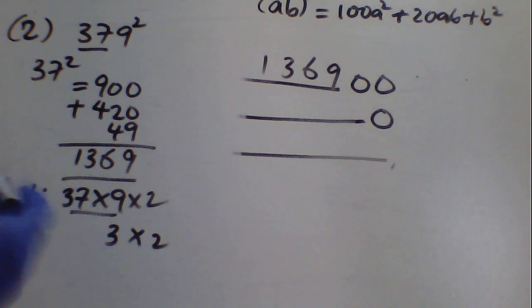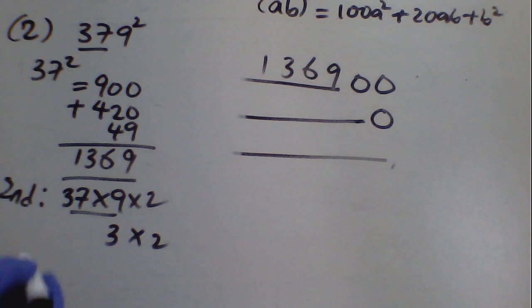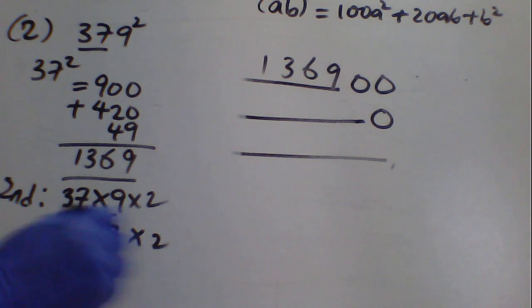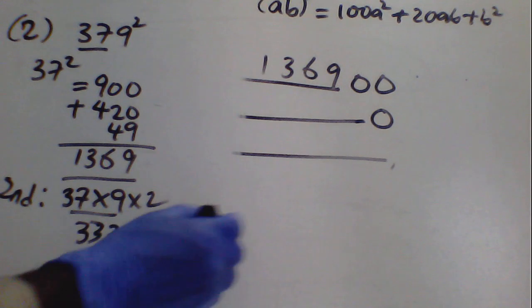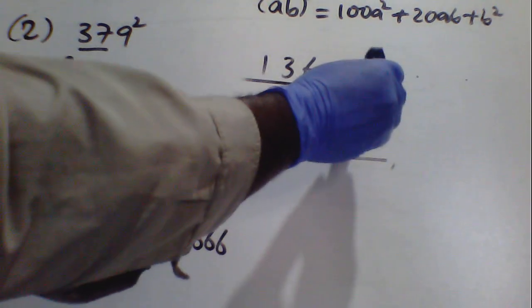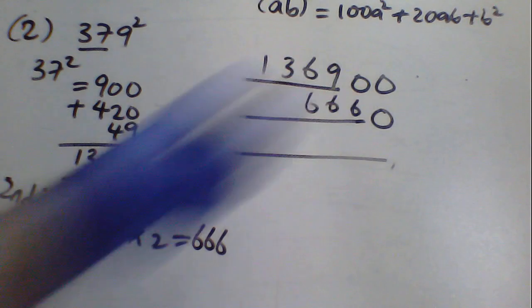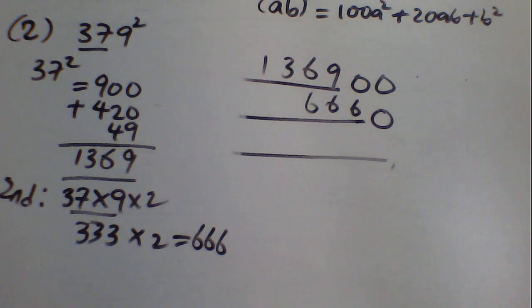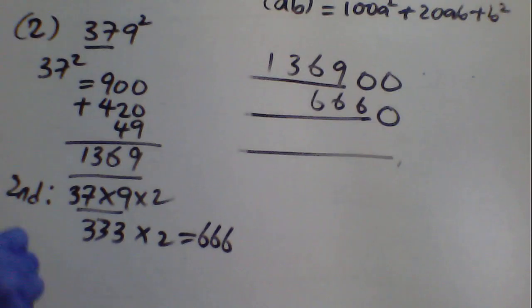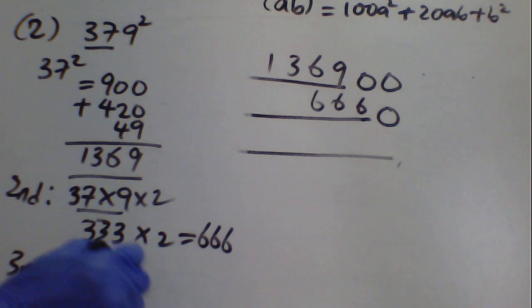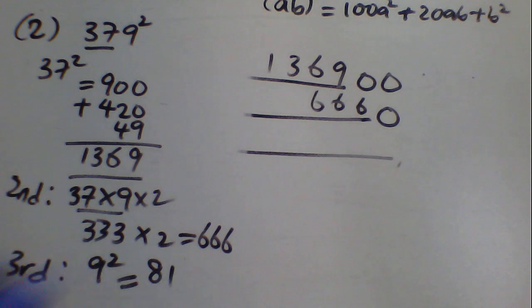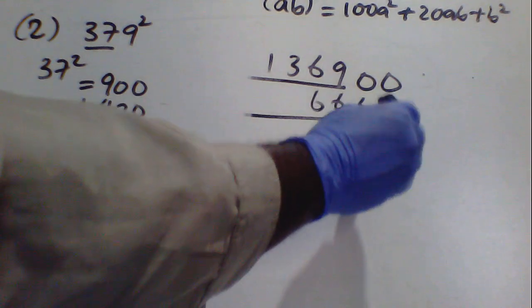I write 3, carry 6. 9 times 3 will give us 27 plus 6 will give us 33. So 2 times 3 will give us 6, 6, 6. I come here, I write 666. Lastly, the third step is to square the last number. 9 squared gives us 81. So I come here and write 81.